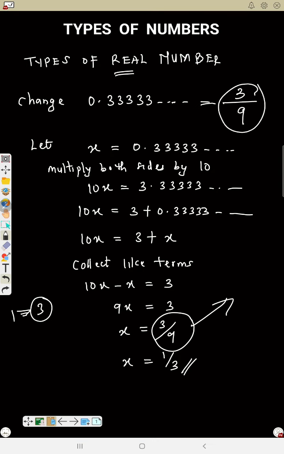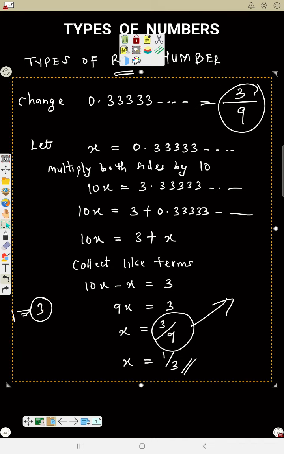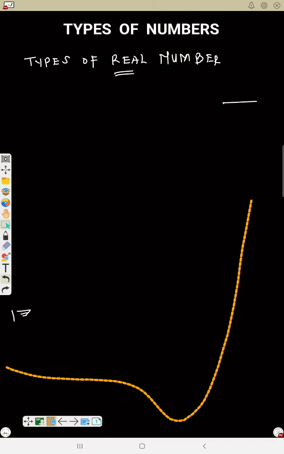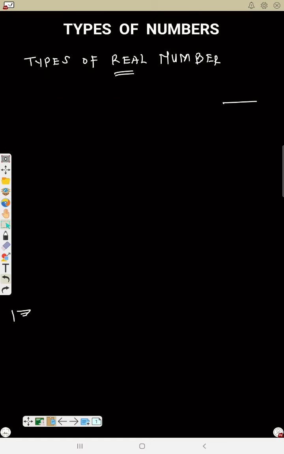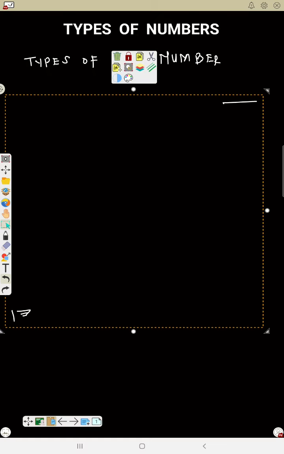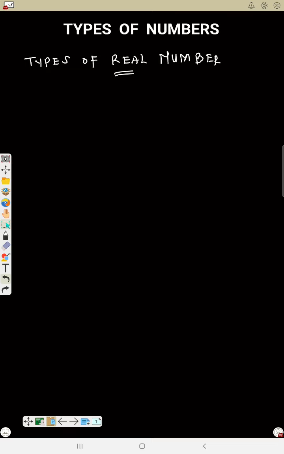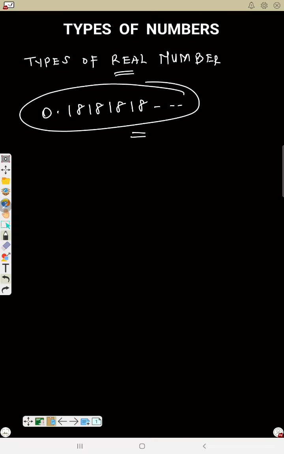That's the shortcut. Now let's use another number, so you get that concept. Now let's say 0.18181818 continue. Let's say I want to change this number to fraction.